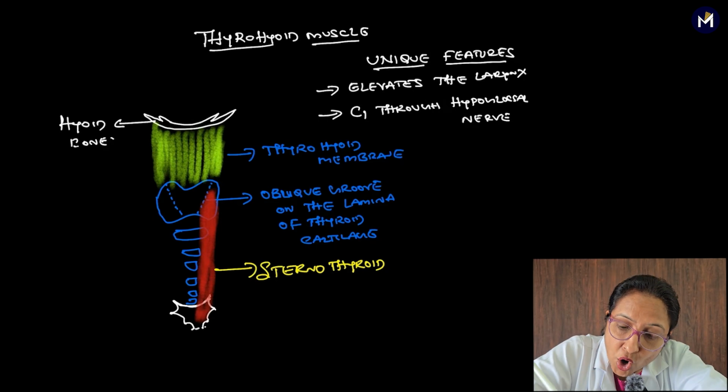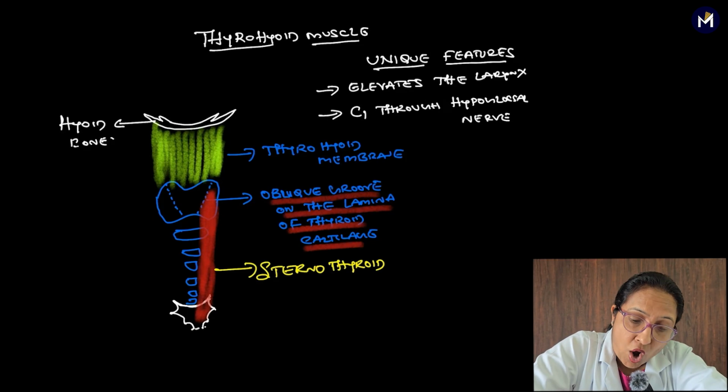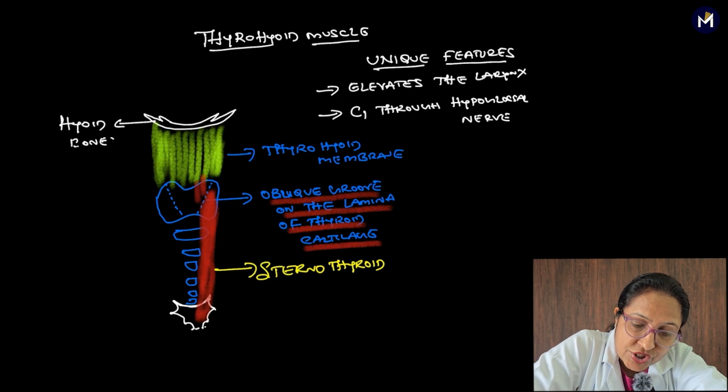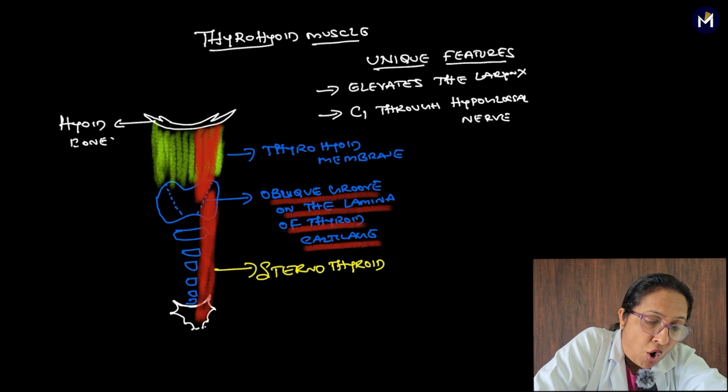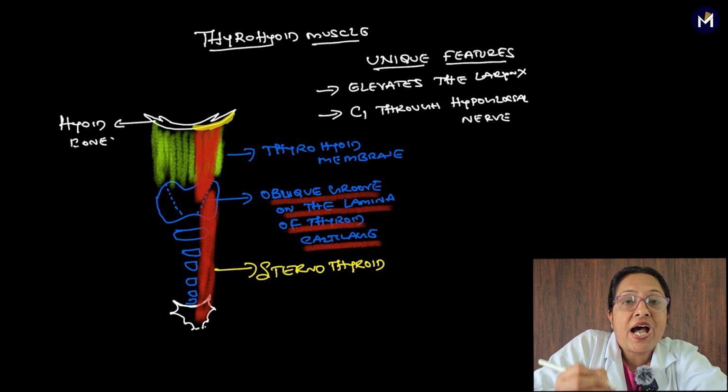That means origin of thyrohyoid is oblique line on the lamina of thyroid cartilage. So it takes origin from oblique line on the lamina of thyroid cartilage and gets inserted to the lower border of greater cornua and body of the hyoid bone.